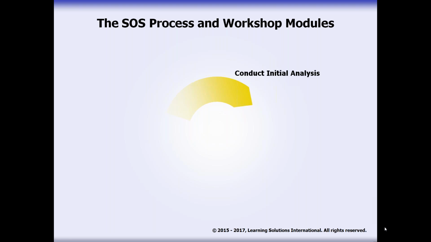So let's talk about this process, the SOS process. What we expect salespeople to do is come with some initial analysis, come to the workshop with a deal they want to focus on. And what we'll be doing is creating a 3-page opportunity plan for that deal. And they'll be able to use this process for all of the deals that they have in their territory.